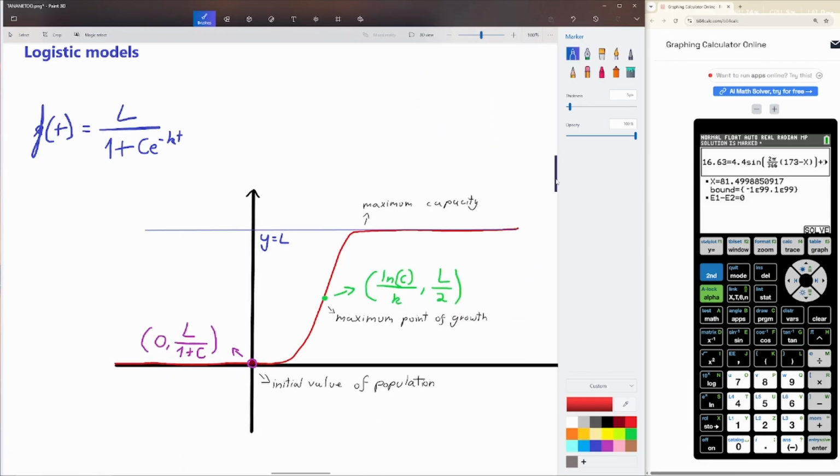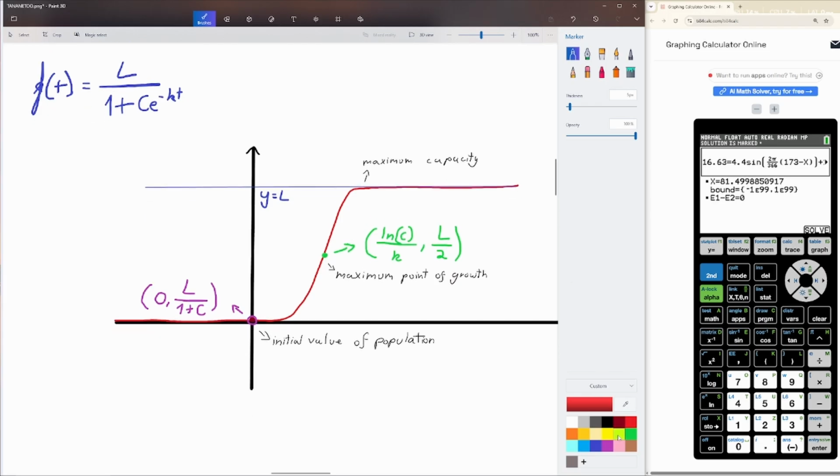Logistic models are 9 out of 10 times used for population. So how it works is that let's say you have a species of fish, and the species of fish come into a lake and they start reproducing very fast, and then at one time there just comes a maximum, and the maximum is usually that there is no more room for new fish.